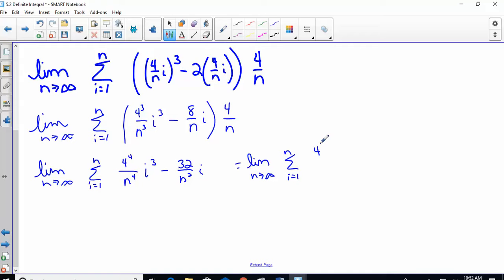Okay, so now you use those formulas. The i cubed formula is n squared times n plus 1 squared over 4.